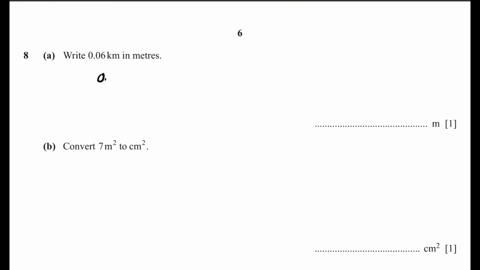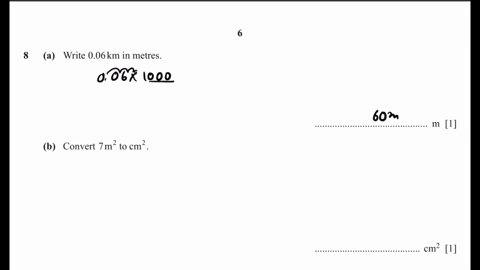Let's multiply this one by 1000, because 1000 meters equals 1 kilometer. So 3 zeros, the decimal will go 1, 2, 3. I mean 60 meters.